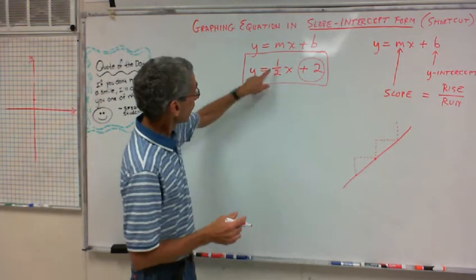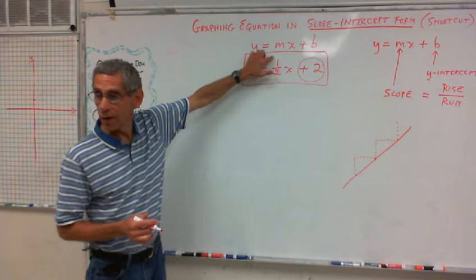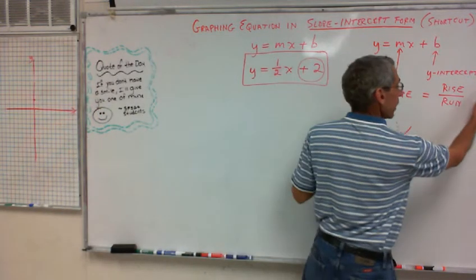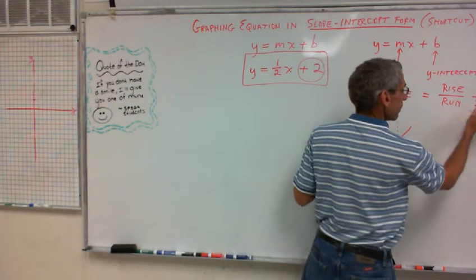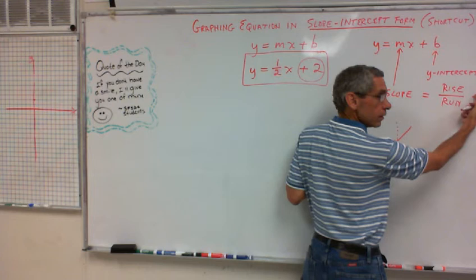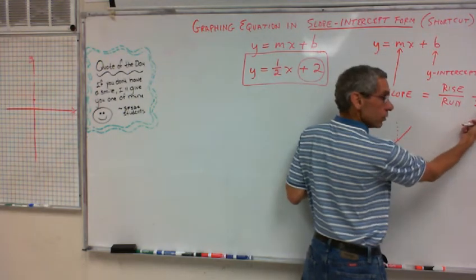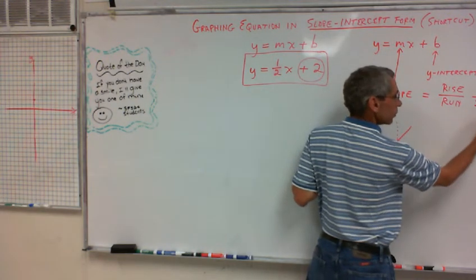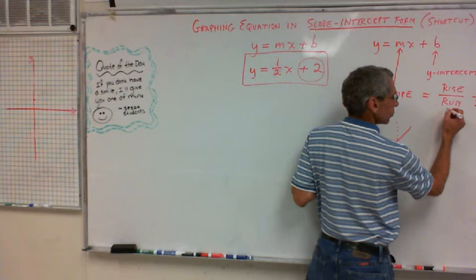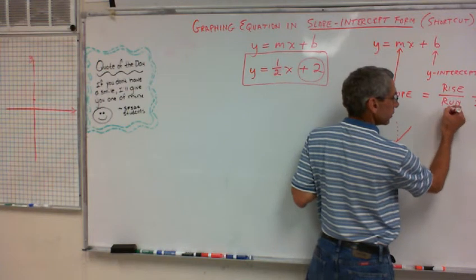So, look, I have a fraction, 1 over 2. I rise 1, and I run 2. Now running, I always run to the right. So running is always to the right.